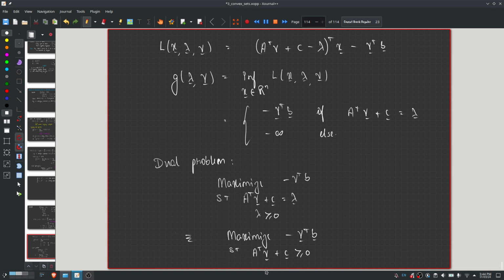But what sort of an optimization problem is this? It's again another linear program. So the dual of a linear program is just another linear program.